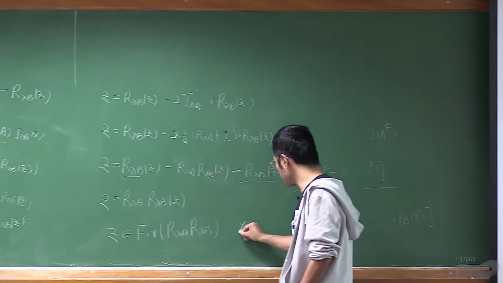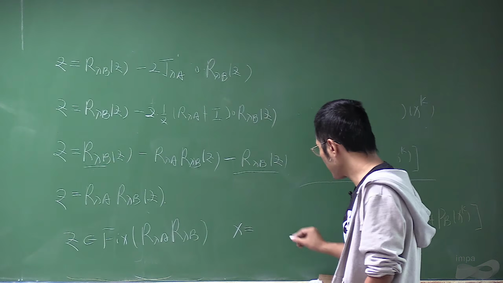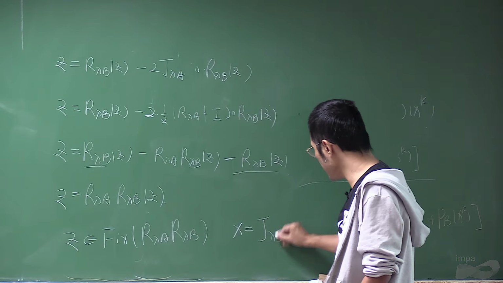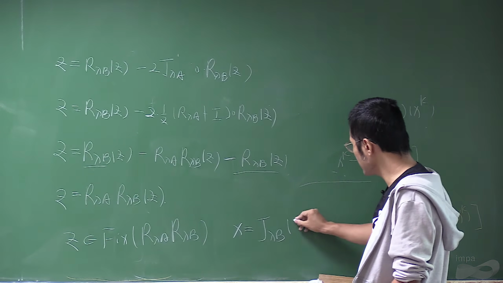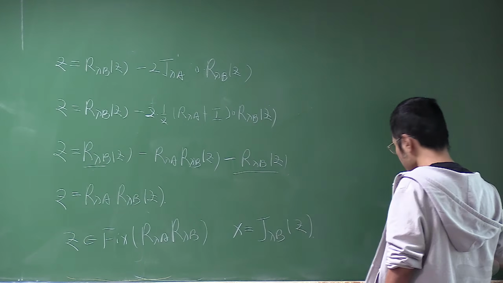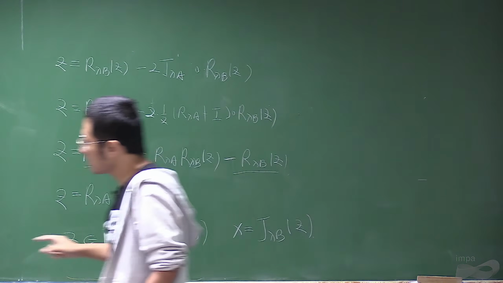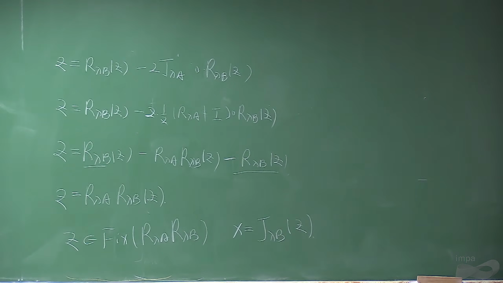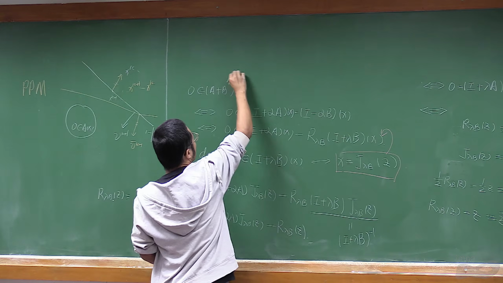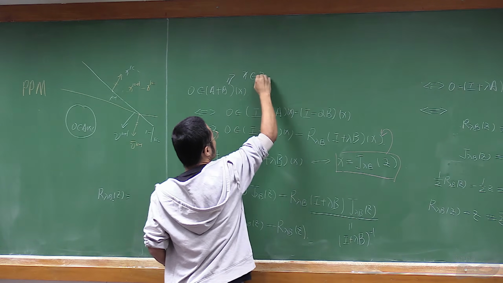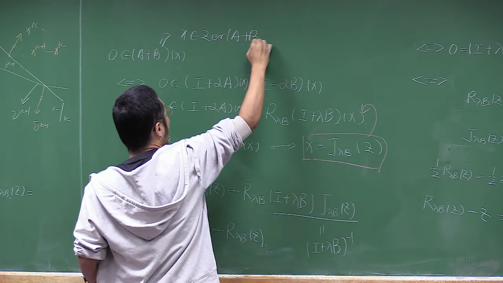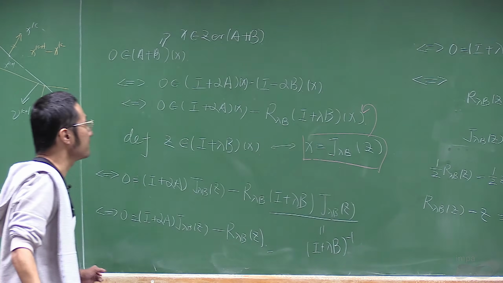So X can be defined by the resolvent of B at point Z. Okay, so this is a relation. From the beginning, we have a point Z, X. Actually, this means X belongs to the zero set of A plus B.